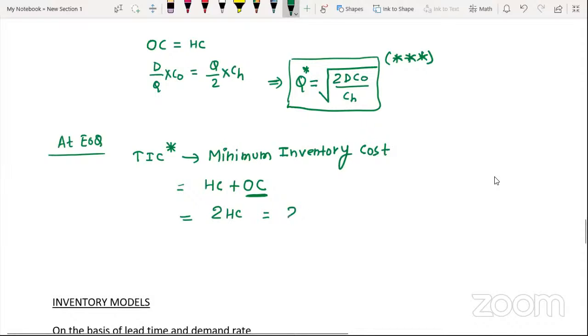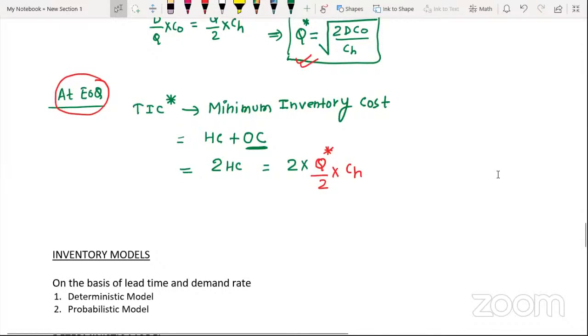Now, 2 into holding cost. What is the holding cost? Holding cost is average inventory, that is Q by 2, into cost per unit per year. And at EOQ, Q is Q star. So just put the value of Q star from here.